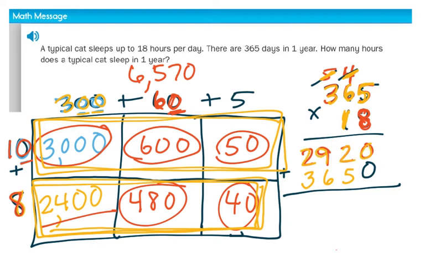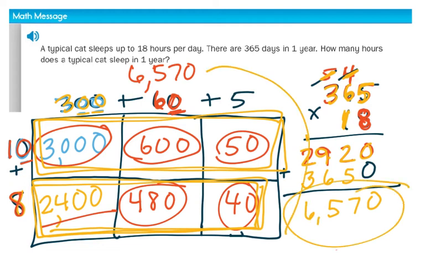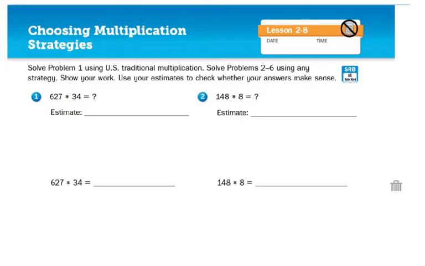So I'm going to go ahead and add those. 0 plus 0 is 0. 2 plus 5 is 7. 9 plus 6 is 15. Carry my 1. 1 plus 2 is 3. 3 plus 3 is 6. Same answer, a little bit shorter process. So either one of those ways are acceptable to me.